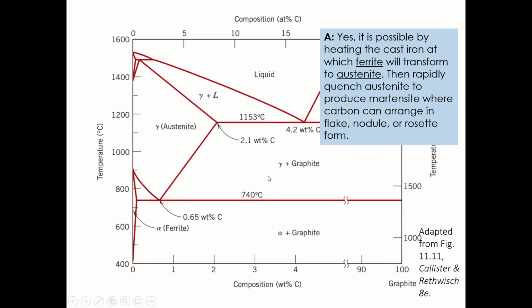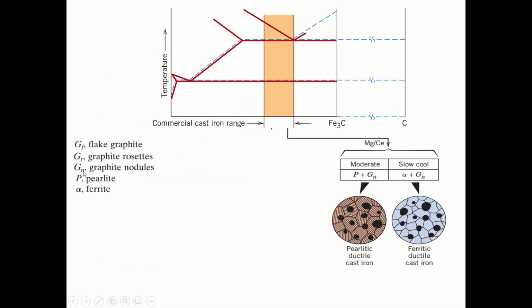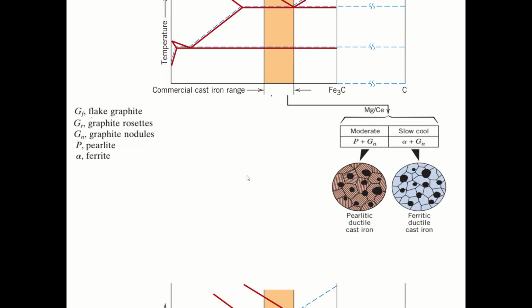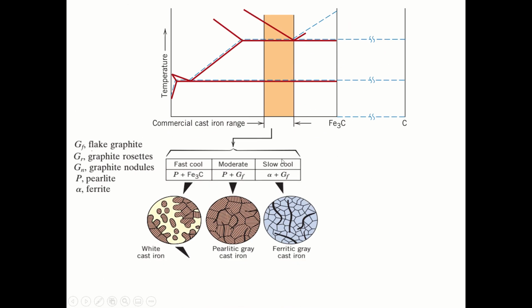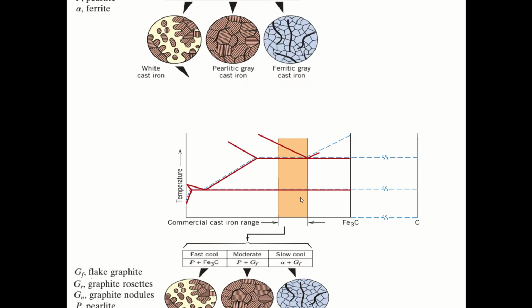But once you increase the temperature to around 800 to 1,100 degrees Celsius, you will have pearlite.